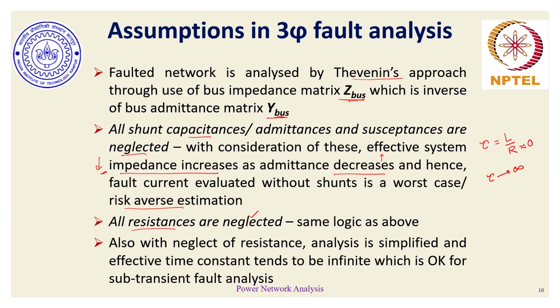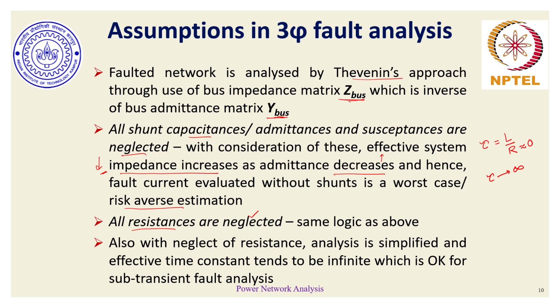That would mean that the current that we would estimate, which are the worst case or risk averse estimations, would continue till eternity, and essentially we are not losing anything while ignoring the presence of resistances. That is point number one.